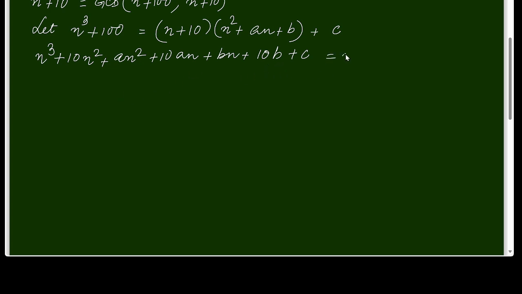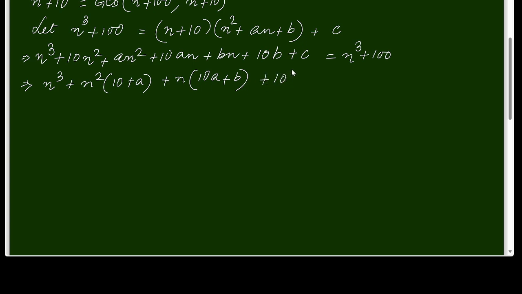This equals n cube plus 100, or this is n cube plus n square times (10 plus a) plus n times (10a plus b) plus 10b plus c, equals n cube plus 100.